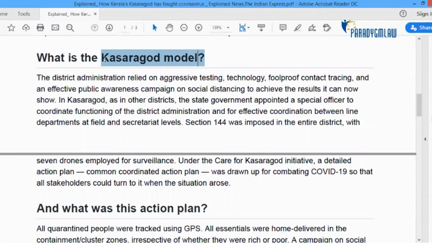And then the article will go on to emphasize other models. But let's first look at the Kerala model.